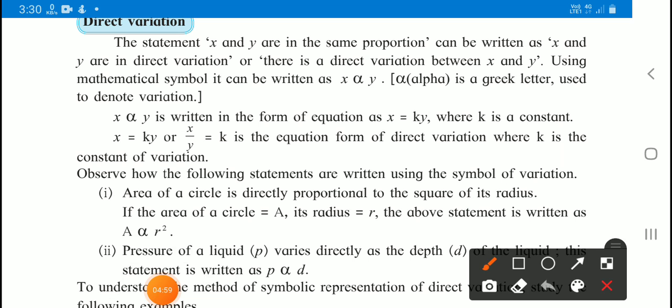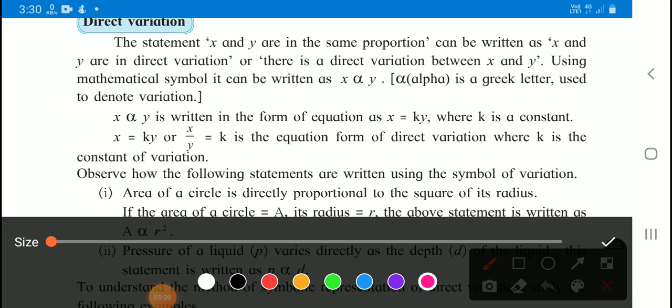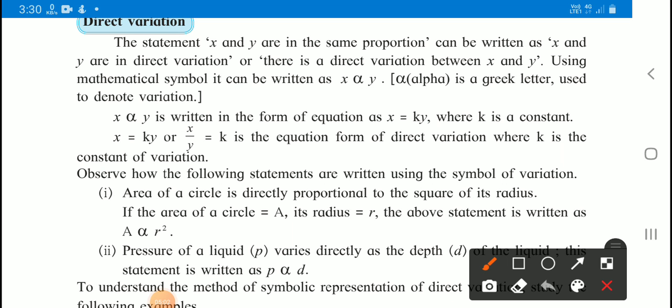This sign indicates the proportionality between x and y. This sign alpha is a Greek letter used to denote variation. Now here you can say x is directly proportional to y, or x varies with y.